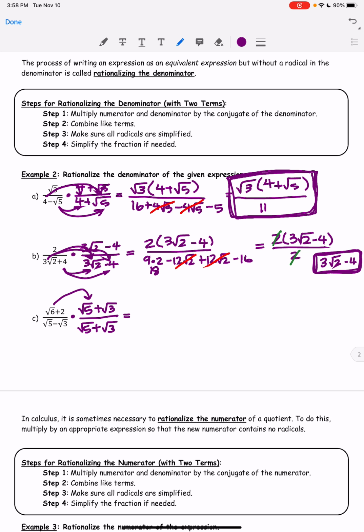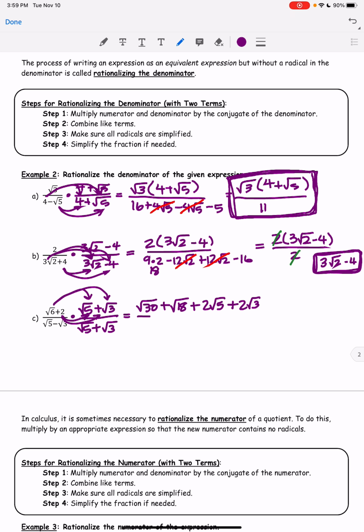So square root 6 times square root 5 is square root 30. Square root 6 times square root 3 is square root 18. Square root 2 times square root 5, nope, just 2 times square root 5 is 2 square root 5. And 2 times square root 3 is 2 square root 3.